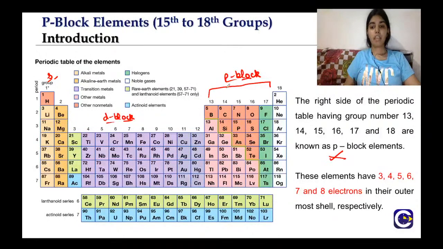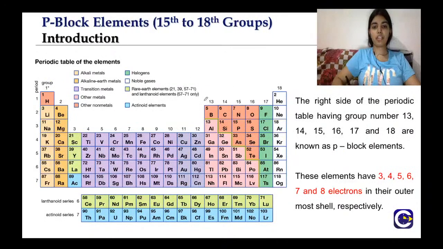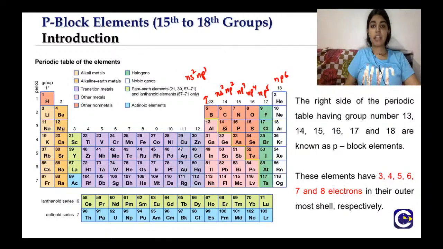So, if you see here, what are the number of electrons present in the outermost shell, right? If you write down the configuration here, let us say for 13 it is what? Ns2 Np1, then it is Ns2 Np2. Then it is Ns2 Np3, then Np4, then Np5, and the last one is Np6. That means that in the outer shell, the 13th group will be having 3 electrons.